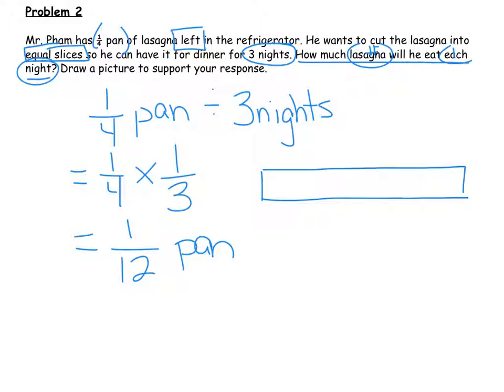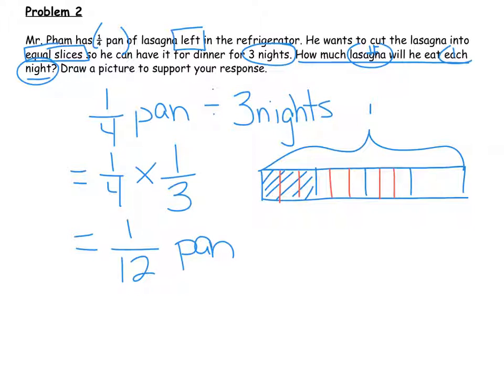So I have 1/4 of my pan left. So here's my whole pan. I've only got 1/4 of it left. And I'm splitting it over 3 nights. So my 1/4 is split over 3 nights. So it's cut into thirds. But I can't just cut the 1/4.